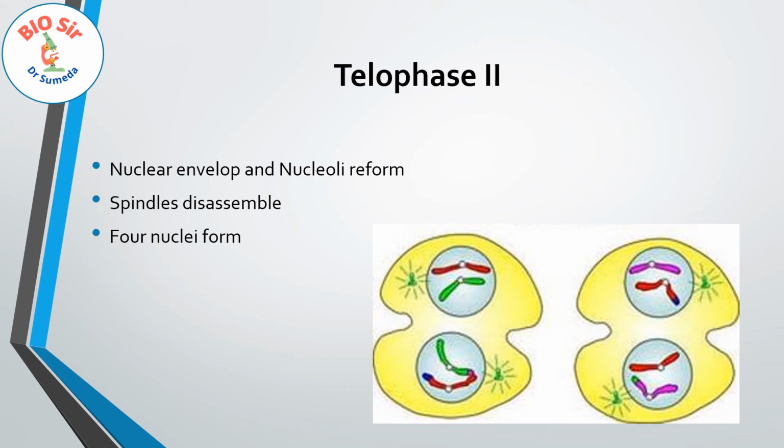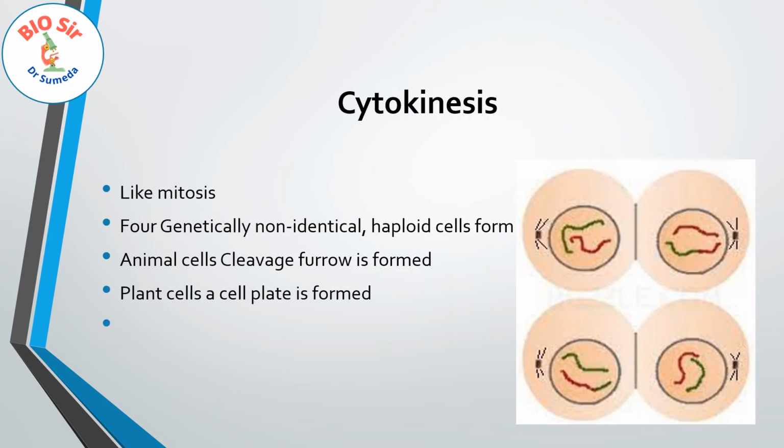These nuclei are genetically non-identical, that means genetically different, and the specific thing is that each is a haploid nucleus.